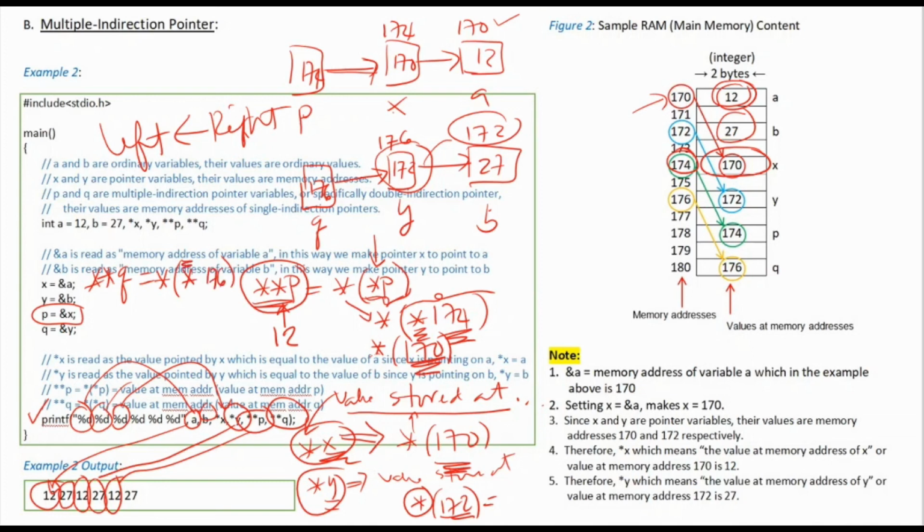So what is the value now at 176? Looking at the RAM representation, it is 172. Therefore, this is 172, and then you bring down the other asterisk. This is now read as the value stored at 172. So you take a look at 172. What you have in there is the value 27. Okay, so that's why the output here is 27.